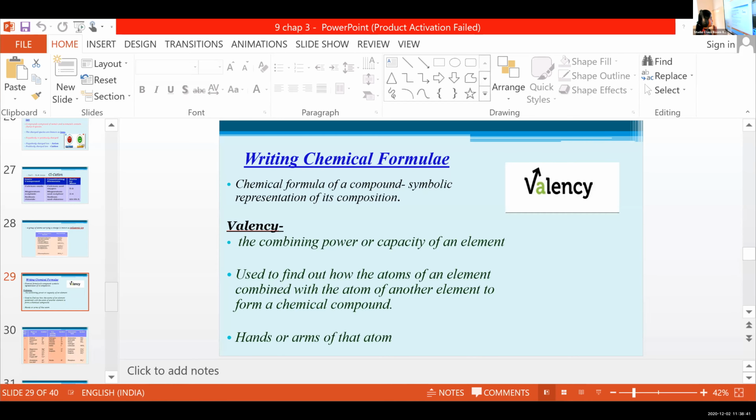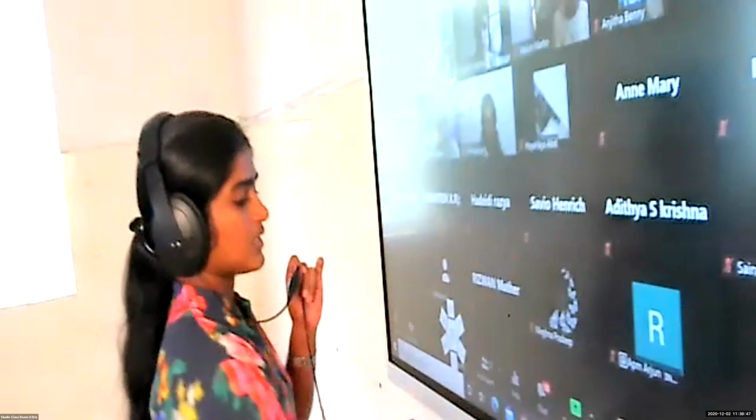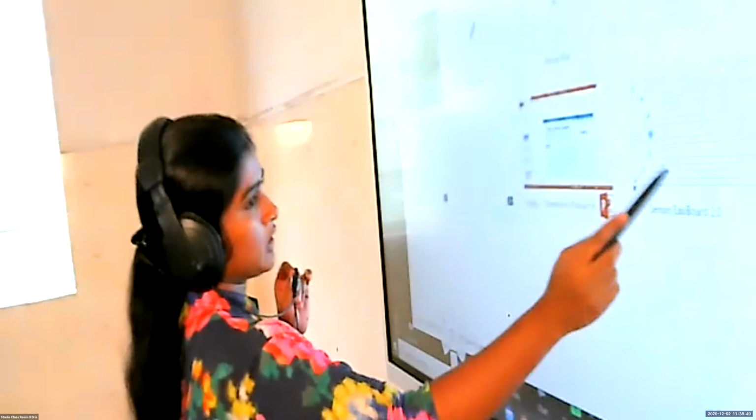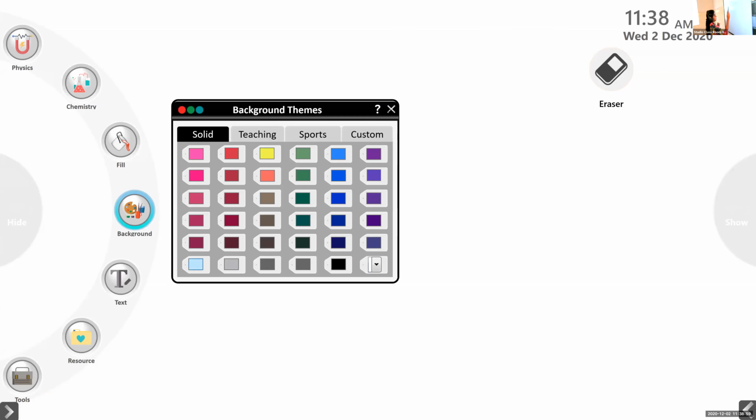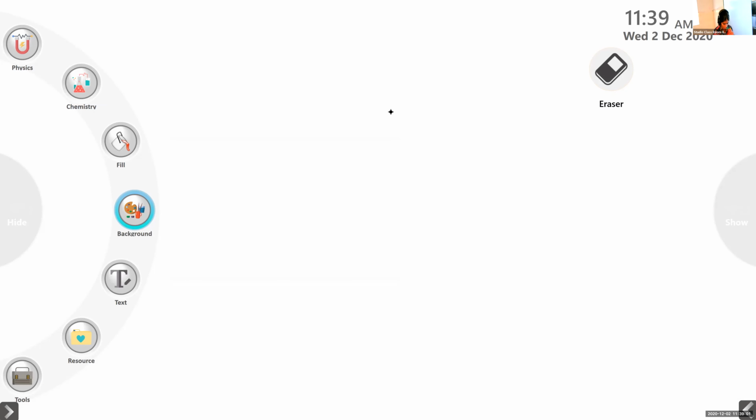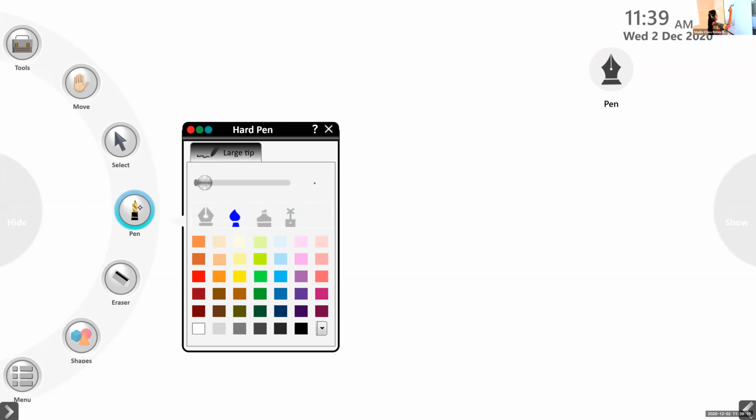Clear? Yes, ma'am. So before entering into valency, there are certain things that we need to know to write a chemical formula.